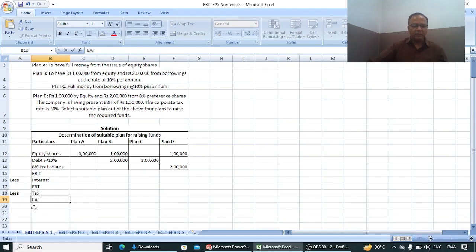That's EAT, less preference dividend. Earning available to equity holders.